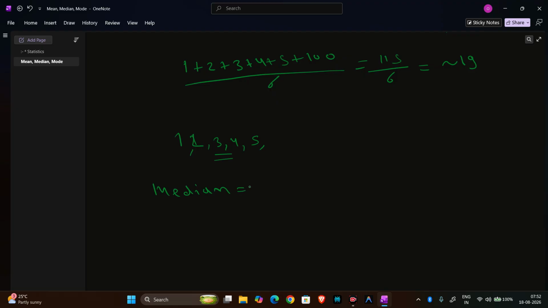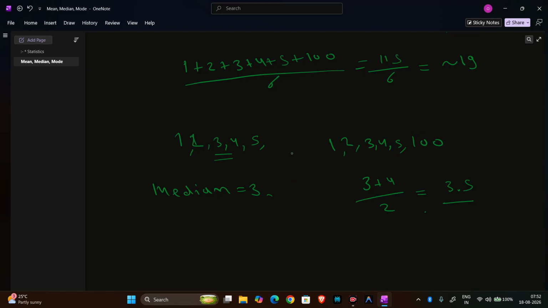And if we do 1, 2, 3, 4, 5 and 100, then what will be the median? Median will be 3 plus 4 divided by 2. So it will be 3.5, right? So median only changed from 3 to 3.5. So that's why we need to use the median when we have outliers.